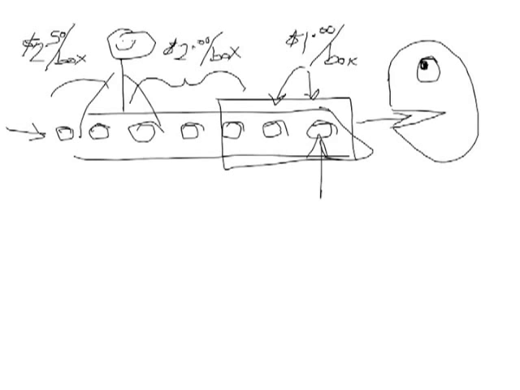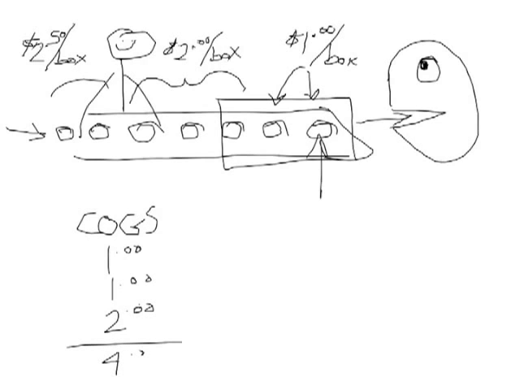So your cost of goods sold is going to be $1, $1, and $2 for the last box. So it's going to be a total of $4.